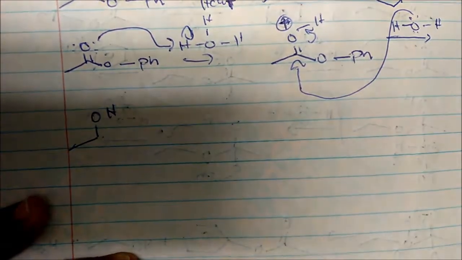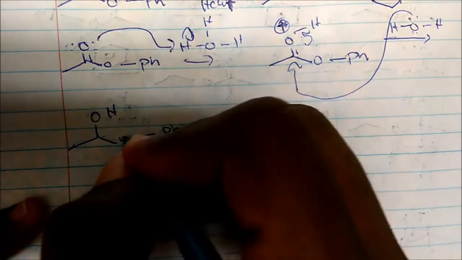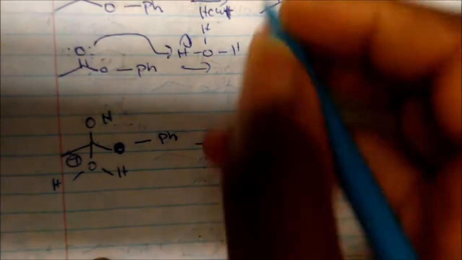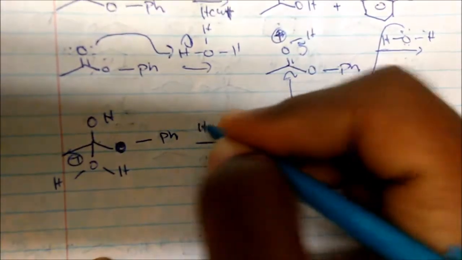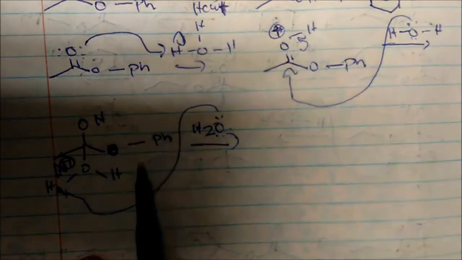And so with that, we get something that looks like this. We have our alcohol. We have our OPh, which is a phenyl group, a benzene ring. And this is now bonded to an oxygen. It has two hydrogens. It has a plus charge. Now that we actually formed water in solution again, it will come and take off one of these protons, act as a base, and give the oxygen the lone pair.